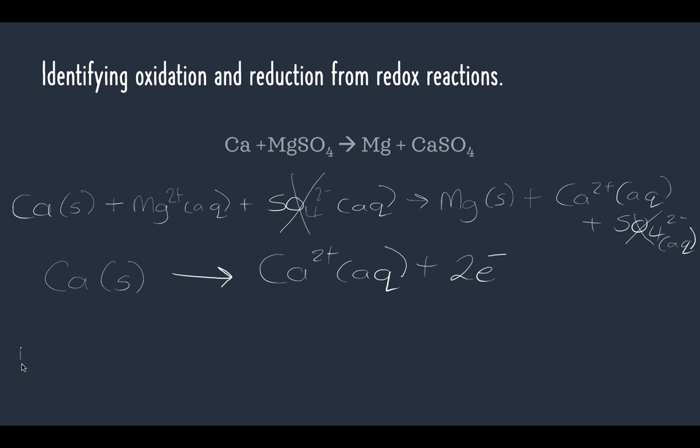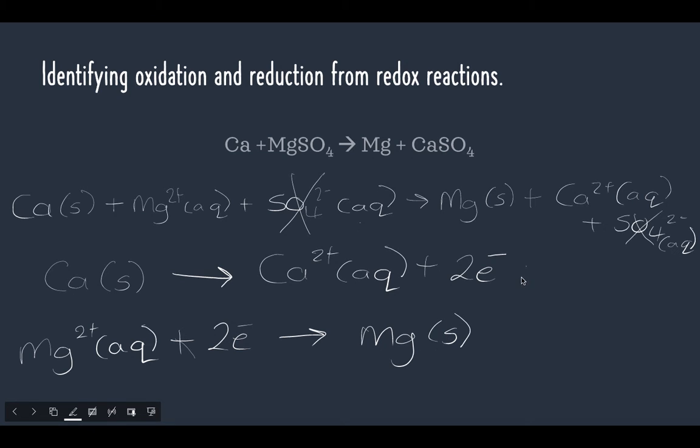Magnesium, on the other hand, begins the reaction as magnesium ions. It then gains electrons to form magnesium atoms. In this instance, our calcium is being oxidised and our magnesium ions are being reduced.